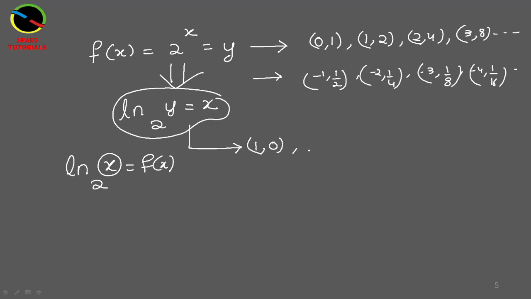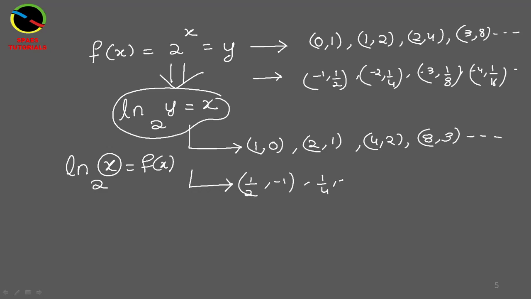If we give input x equal to 2, f of x is going to become 1. Input 4, it's 2. Input 8, it's 3, and so on. And you cannot give negative inputs, but you can give fractional inputs. If you give 1 by 2 as input, it's minus 1; 1 by 4, minus 2; 1 by 8, minus 3; 1 by 16, it's minus 4, and so on.